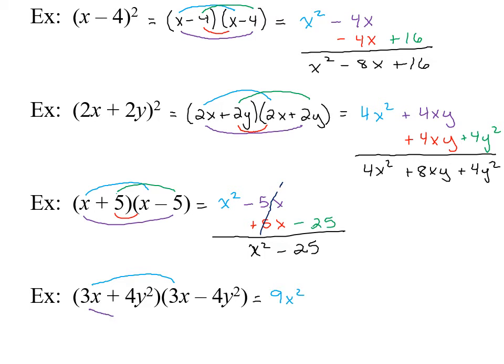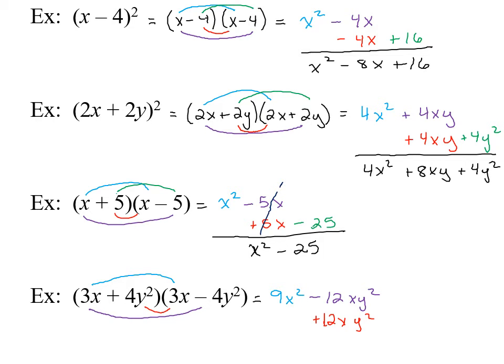The outside, 3 times negative 4 would be negative 12xy squared, because again the x and the y squared are not like terms, so they don't combine together correctly. The 4 times the 3 in the middle will also give you 12xy squared.